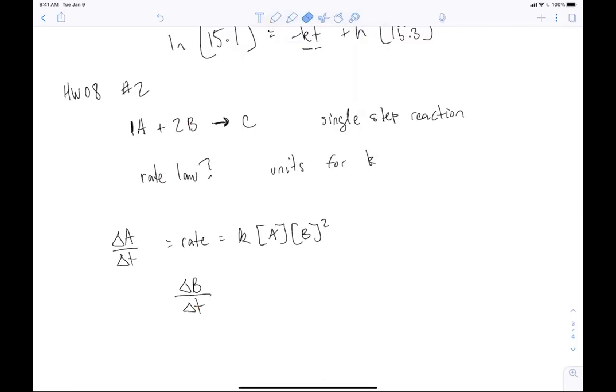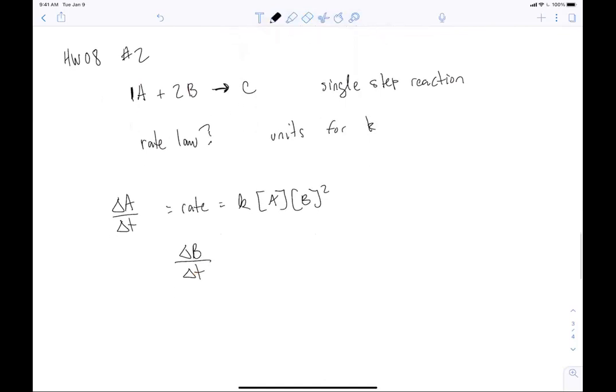Does that make sense? So the change in A versus the change of B, the rate. I'm trying to think if I agree with that or not. Oh, come on, brain. Let's just take our time here.